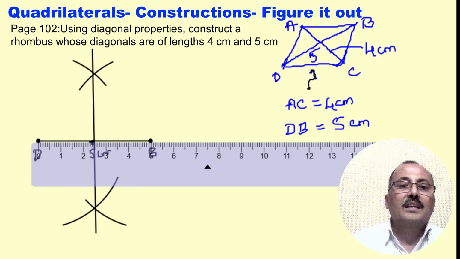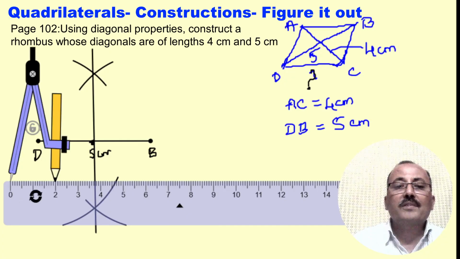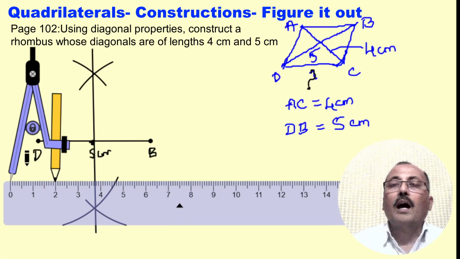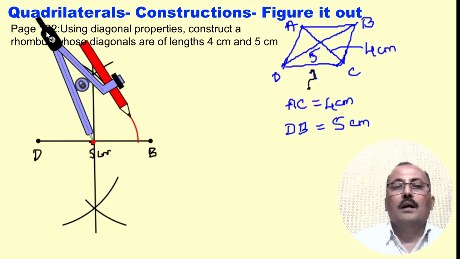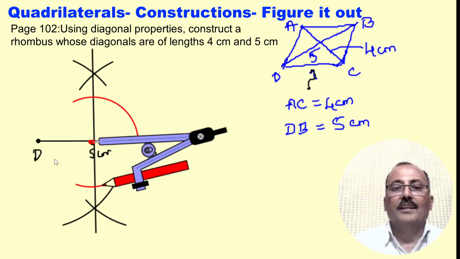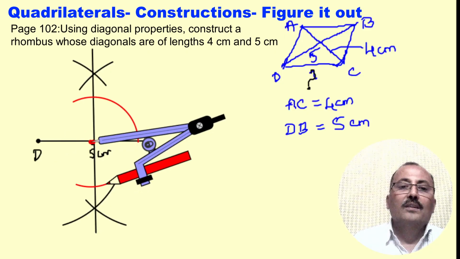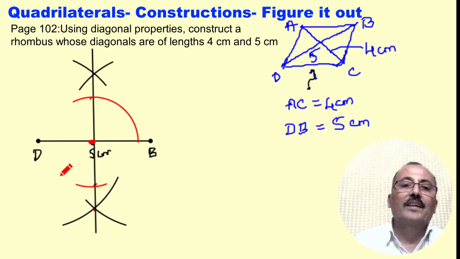With the help of the ruler and compass, take 2 cm and draw arcs from the center point, up and down. Now draw the arc up, and down also. Over. We got these intersecting points, this point and this point. Now join everything.